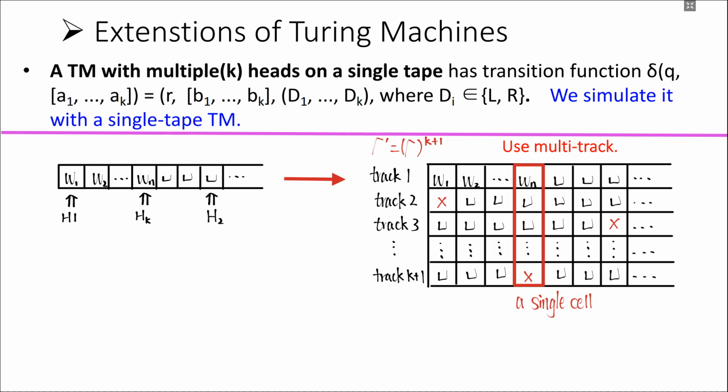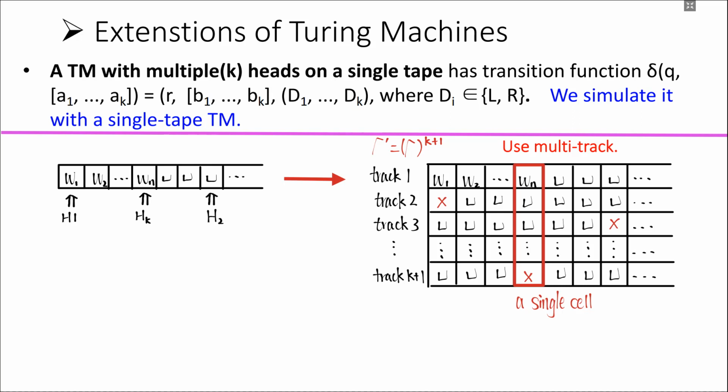Use the previous transition as an example. Say delta(q, a1 through ak) = (r, b1 through bk, d1 through dk). The k-track machine will move from state q to state r. The second track has an X below the symbol a1 in the first track that marks the head position of head 1.